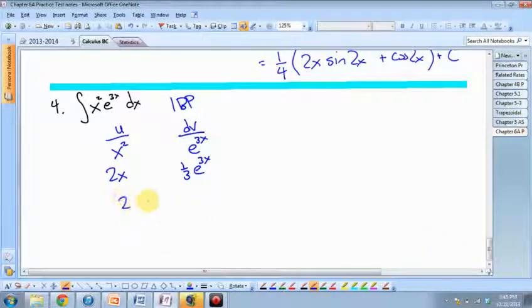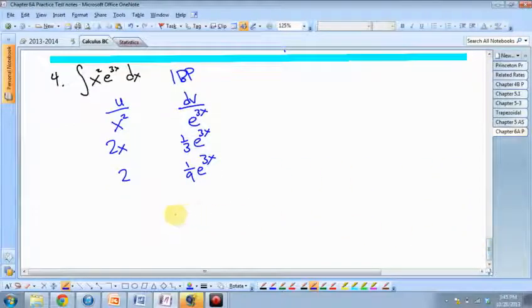2, 1/9 e to the 3x; 0, 1/27th e to the 3x. So first one, let's get that e to the 3x out of the way. We all know e to the 3x is going to be everywhere.